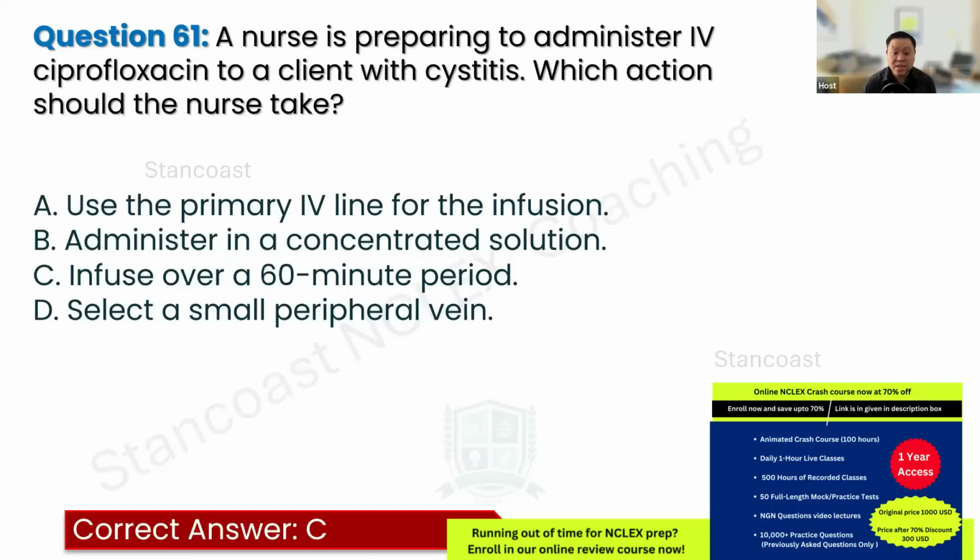And letter D is also incorrect. A larger vein is preferred instead of a small peripheral vein to avoid irritation and to reduce phlebitis risk. So your focus in this test question is to minimize vein irritation by using proper dilution, timing, and also proper vein selection with this kind of medication.